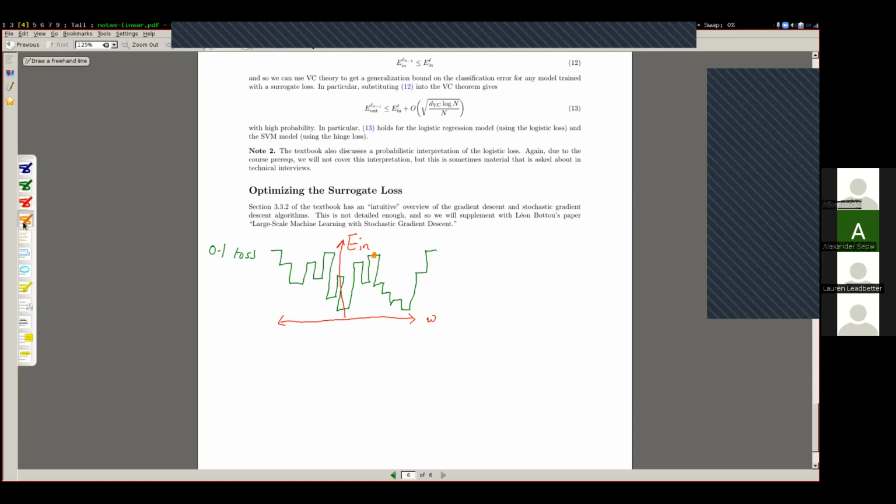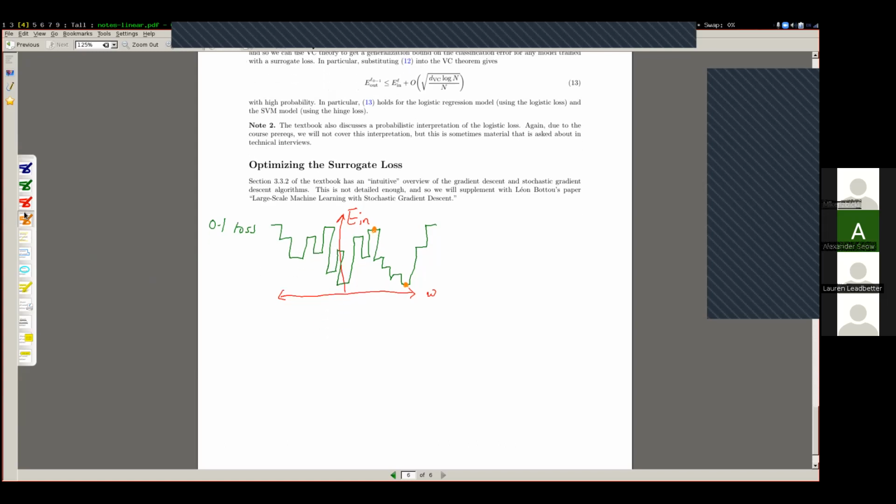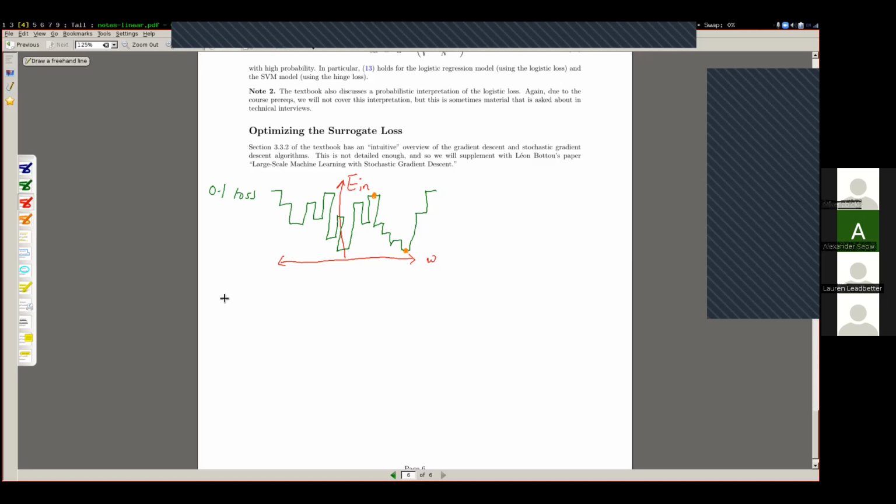And even if we somehow manage to get to a local optimum, there's no way for us to know whether that optimum is global or not without doing lots of extra computations, basically trying every possible location. This is just an ugly looking graph. It makes sense that it would be hard to find the global minimum of a graph like this. The smooth 0-1 loss has a similar shape.